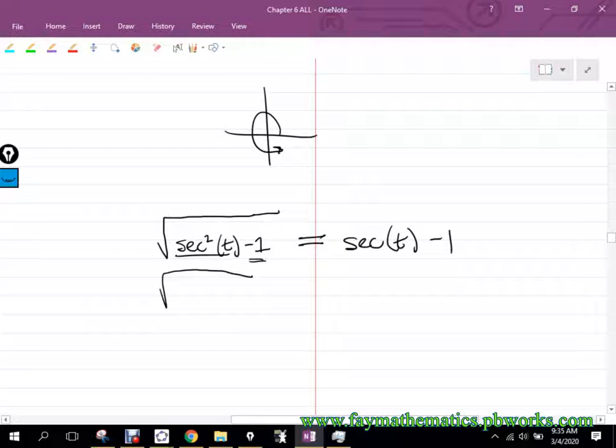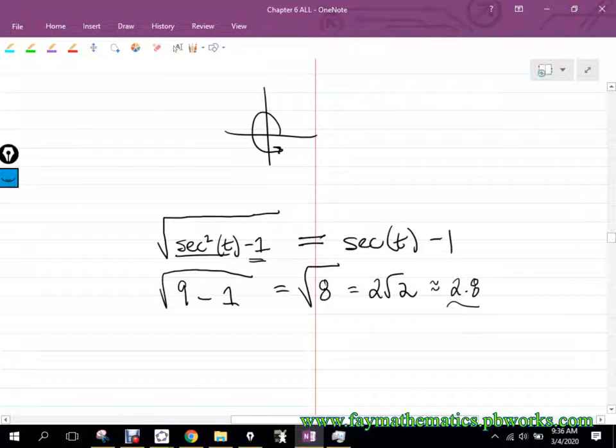Give me 9 and put minus 1 there. We know that should give me radical 8, right? Which is 2 root 2. It's approximately 2.8-ish, something like that. 9 would be 3 exactly, right? So that's pretty close.